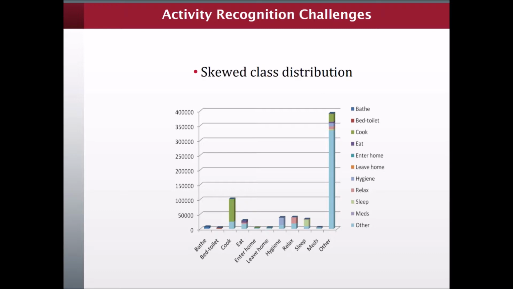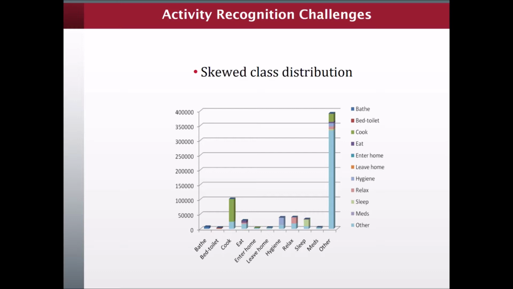For example, this graph shows one particular data set collected using ambient sensors in smart homes. From this set, we can see that the number of data points that appear in the predefined activity categories, including bathe, bed toilet transition, cook, eat, enter and leave home, hygiene, relax, sleep, take medication, and other, are not evenly distributed.